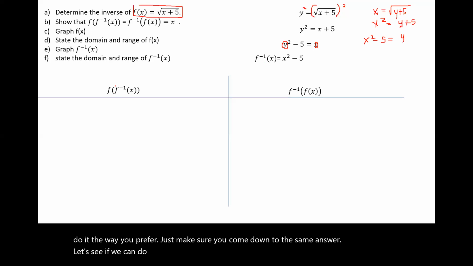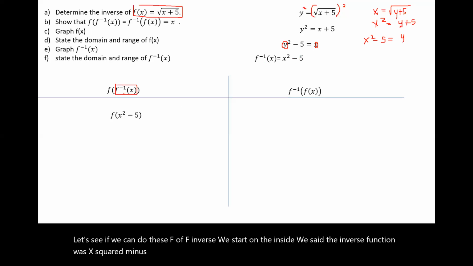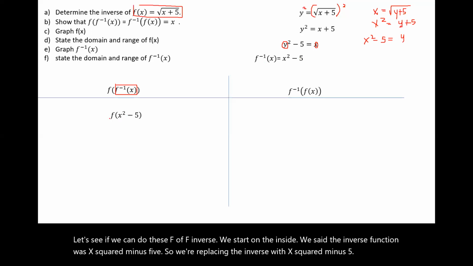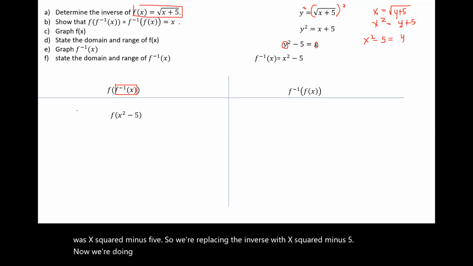f of f inverse. We start on the inside. We said the inverse function was x squared minus 5. So we're replacing the inverse with x squared minus 5. Now we're doing f of x squared minus 5.